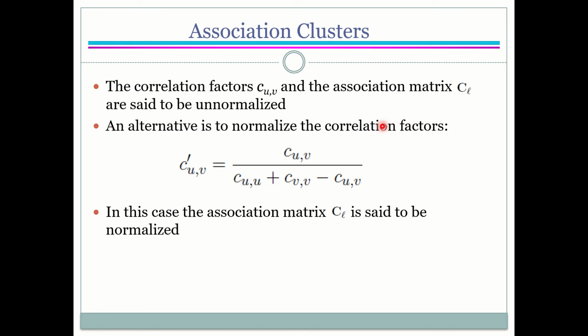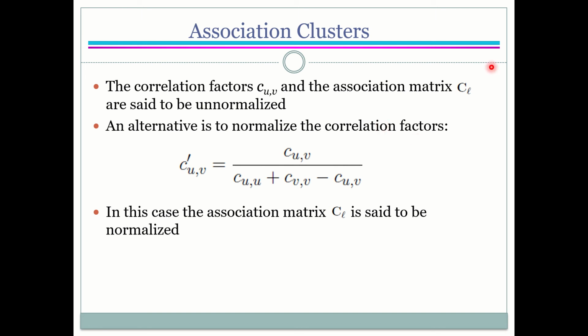Okay, this is the formula that we use to normalize the value. Since we are looking for the higher number, it is better to normalize the value to between 0 and 1, so that it is easier for us to find which one is the highest.